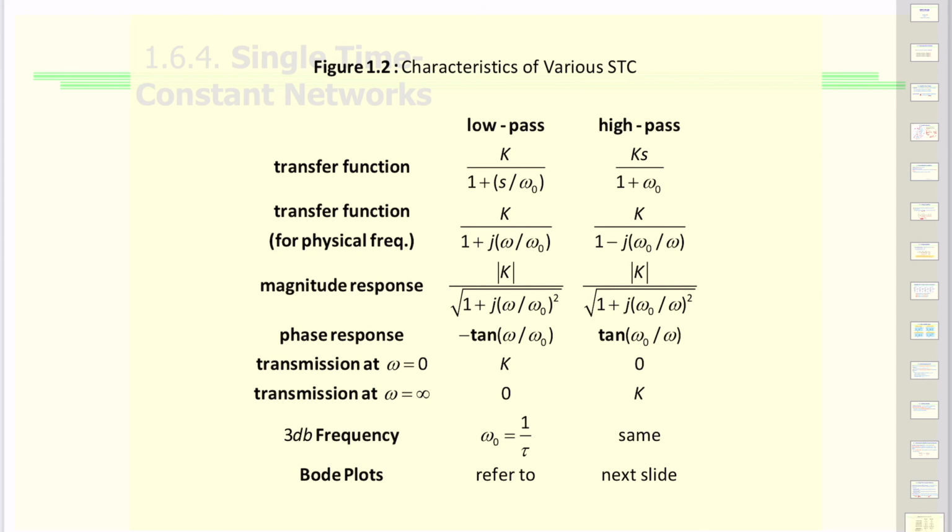This table helps us calculate directly from the given values for the resistance and reactance, and that can help us do the analysis in a much faster way for the different cases of low pass or high pass filters.